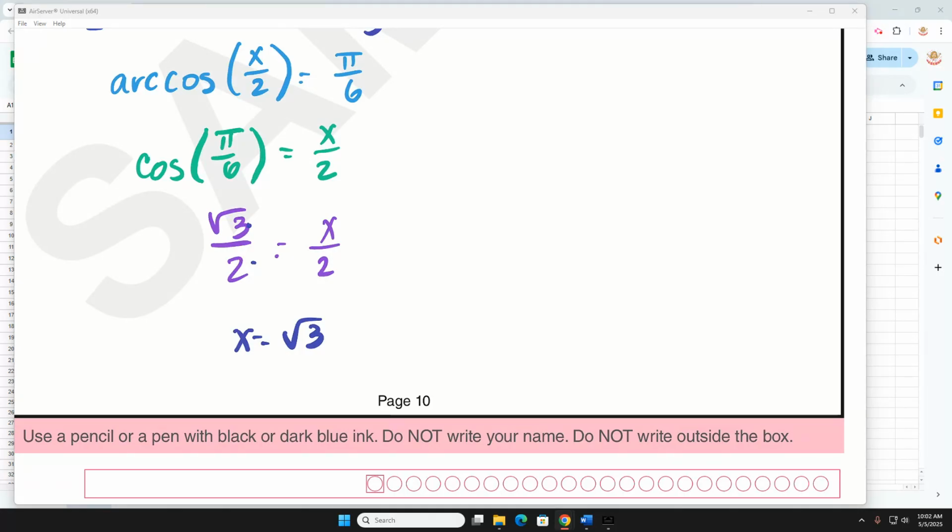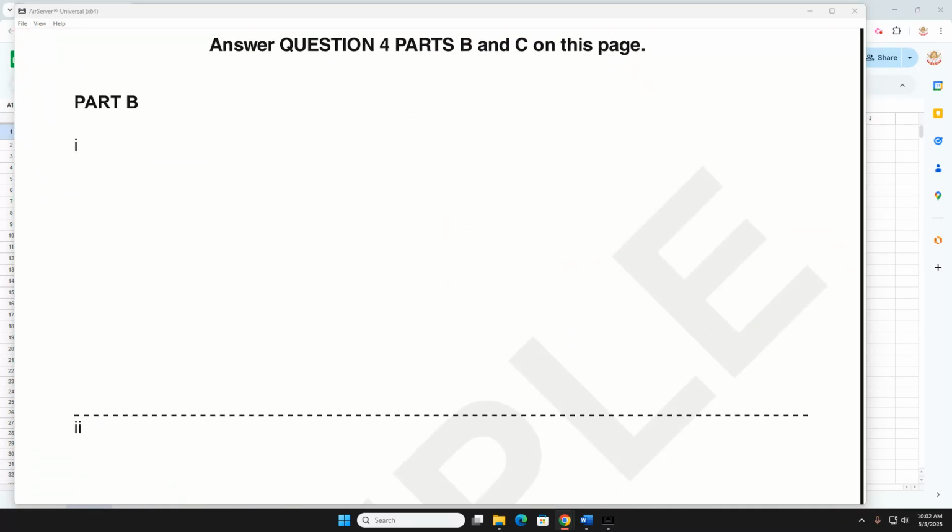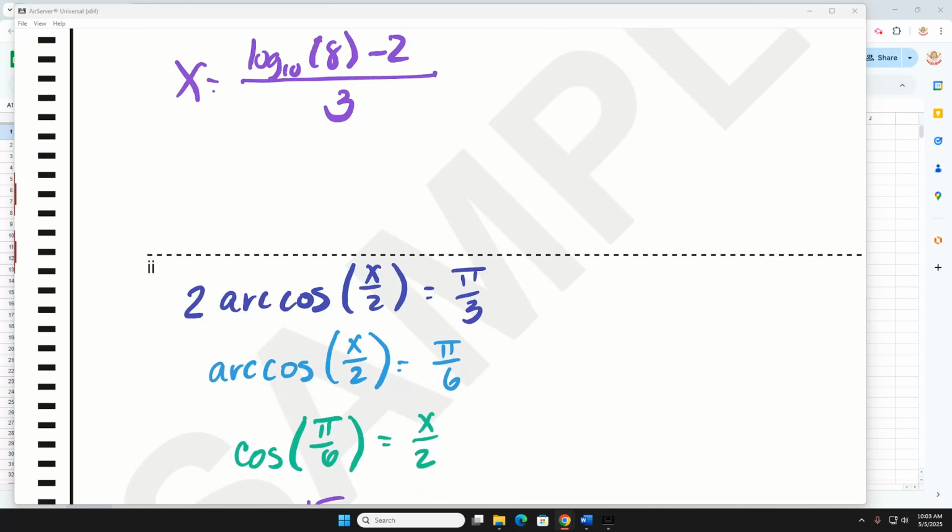Okay, let's look at the next one. So now we have J and K, and these are going to be to rewrite as equivalent expressions. So J is a logarithmic expression that we want to write as a single logarithm, and the form should be the natural log of just an expression.